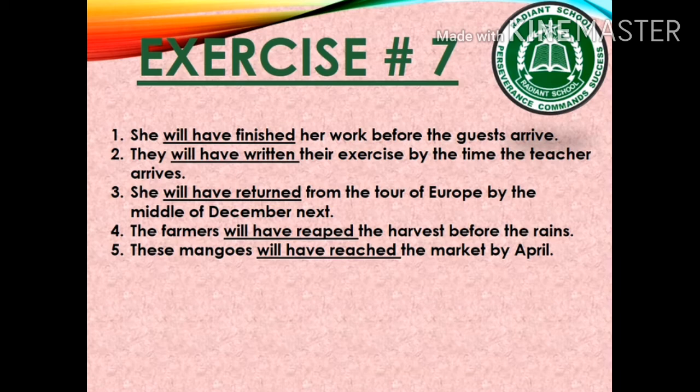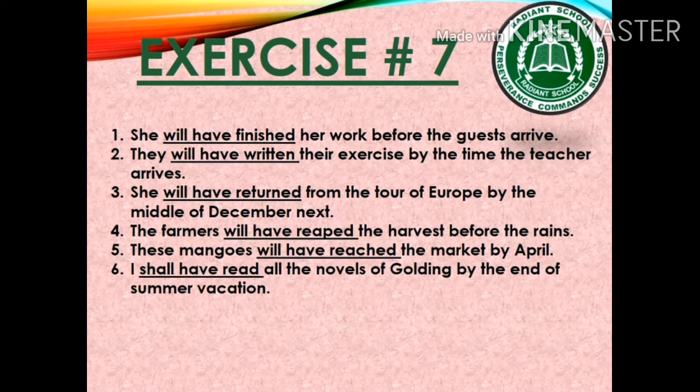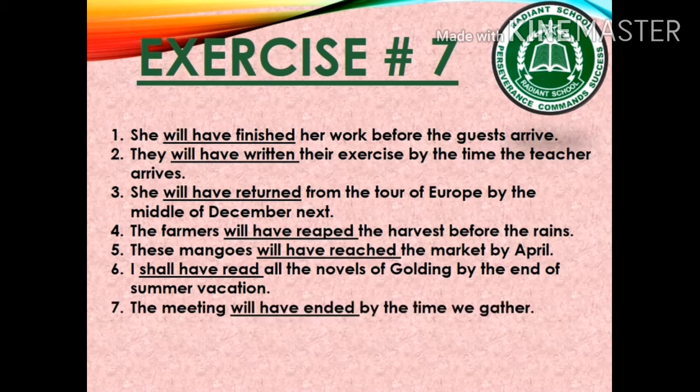That's why we have used will have reached. The sixth sentence is: I shall have read all the novels of Golding by the end of summer vacation. Here again you can see the word by. So it goes for future perfect tense. The seventh sentence is: the meeting will have ended by the time we gathered.